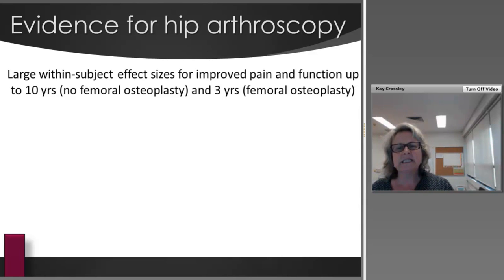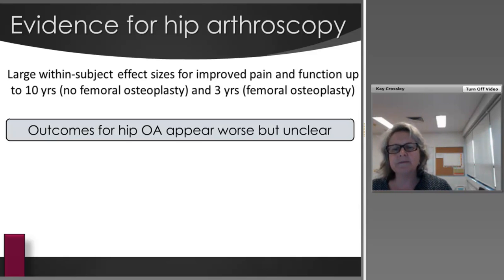So basically, if you look at the same people over time, pre and post-surgery, you get a large improvement in pain and function. And that can be up to 10 years for no osteoplasty and up to 3 years with an osteoplasty. The main reason for the difference is that there are fewer studies doing long-term follow-up because osteoplasty hasn't been done for as long as no osteoplasty.